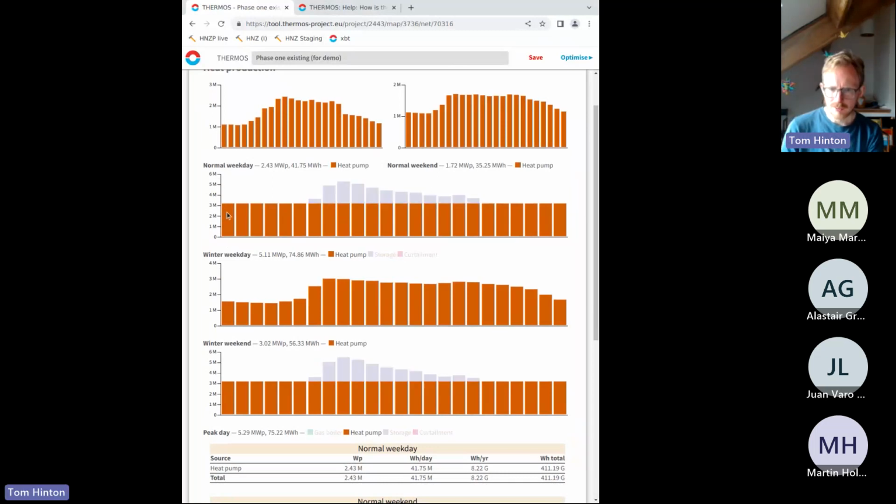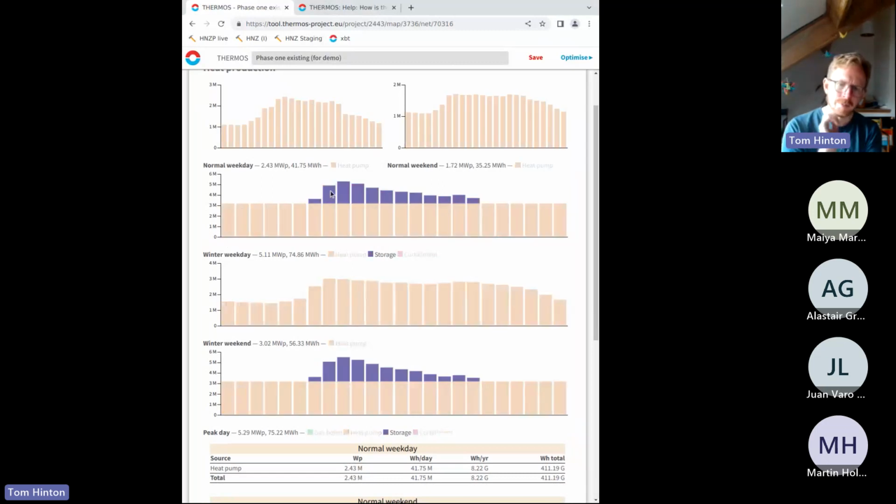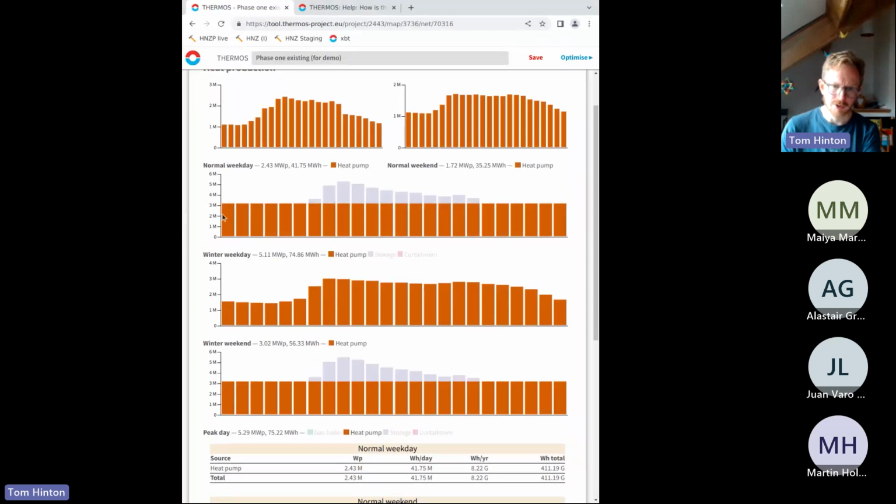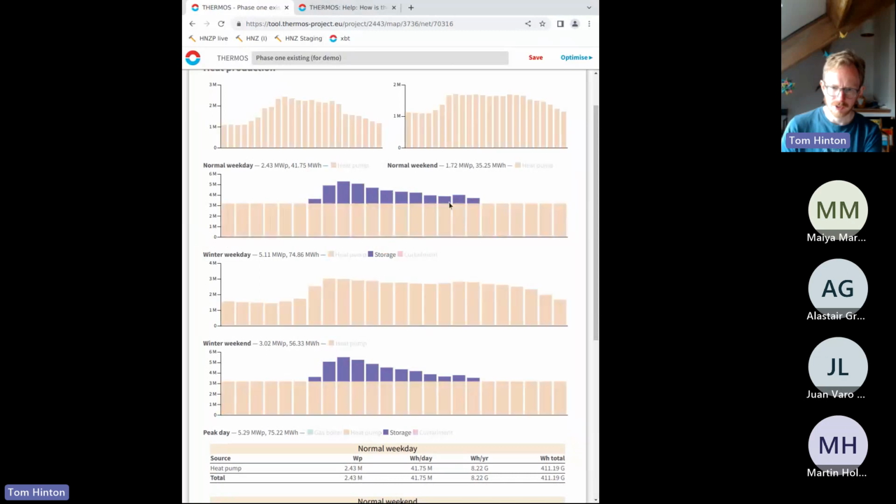The system is instead running the heat pump continuously at its maximum output, the size it bought, and then it's cheaper to cover the peak by a bit of storage. So the actual shape of the demand profile probably goes down a bit here, or down a bit here. And what's going on is the heat pump will be outputting more than the network needs here, putting it into the storage. And then later on here, you can see it's coming out of the storage.